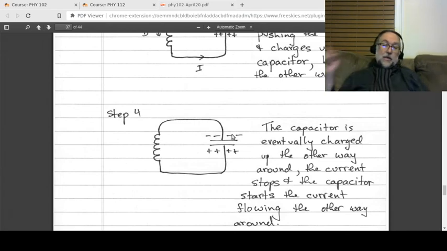And this just keeps repeating. So you're going between the inductor having no B field and the capacitor being charged up. The capacitor discharges, creates a current through the inductor, and now there is a built-up B field. The built-up B field keeps the current going, and that charges up the capacitor, and they go back and forth like that, with a certain frequency.